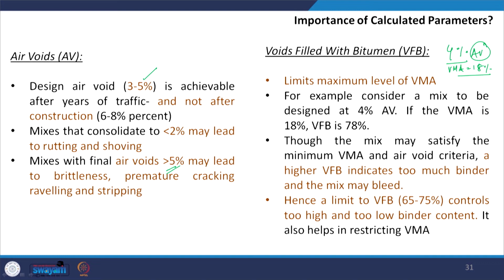And remember, our specification does not tell us about a lower bound and upper bound of VMA, it only says what the minimum VMA required is. So, let us say for this problem, corresponding to the nominal maximum aggregate size, the minimum VMA required was 12% as per the specification. So, one may think that okay, we have achieved 18% VMA, that is good enough as it satisfies the minimum criteria.